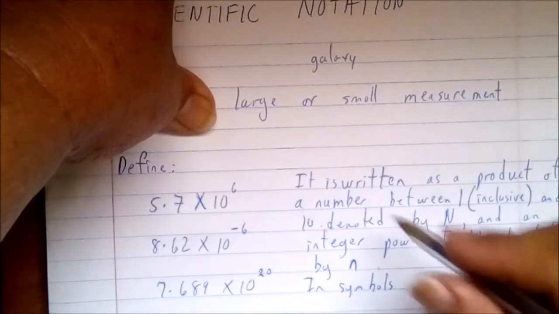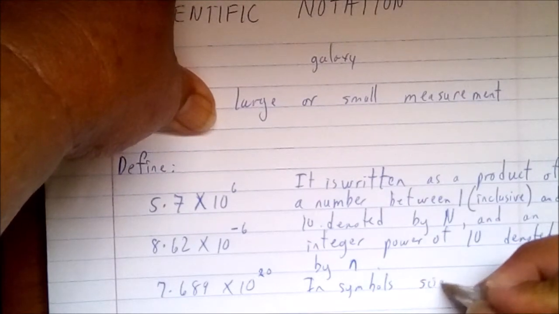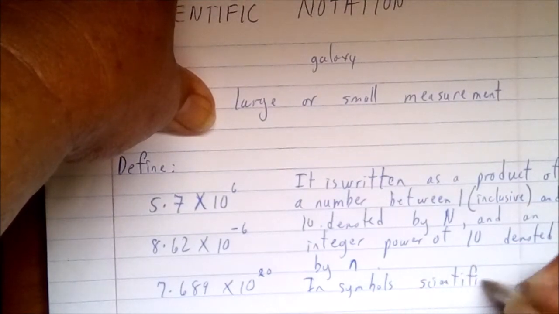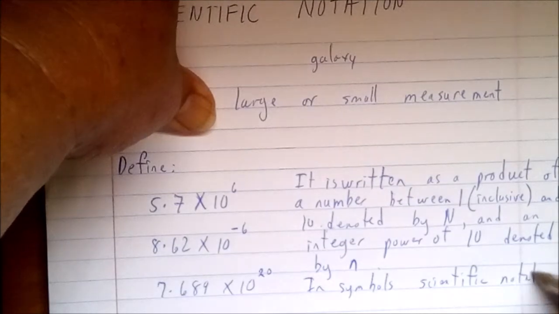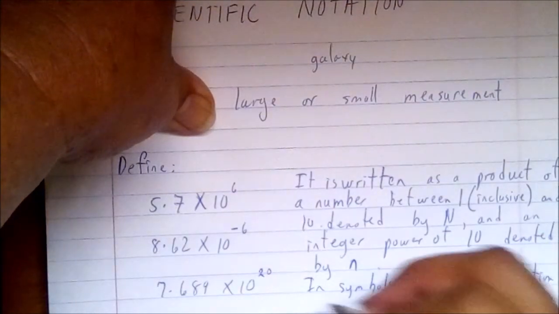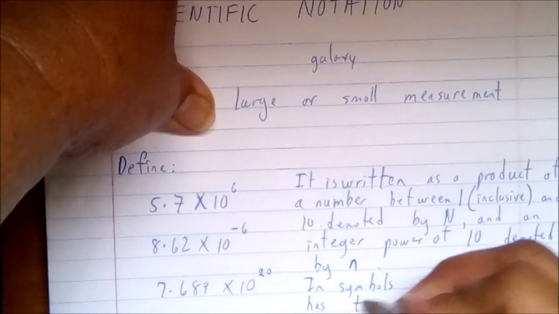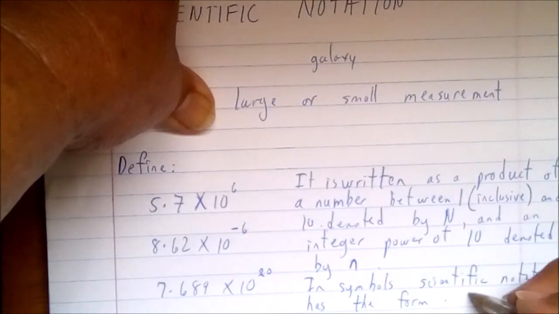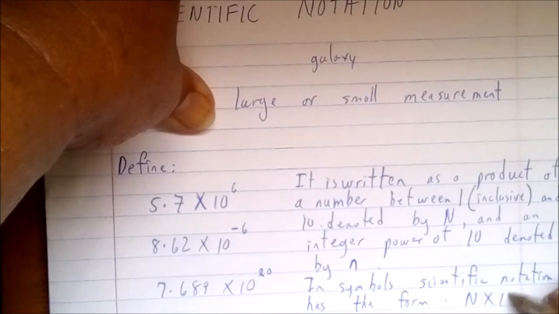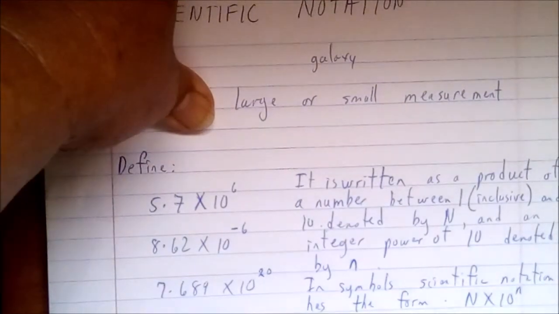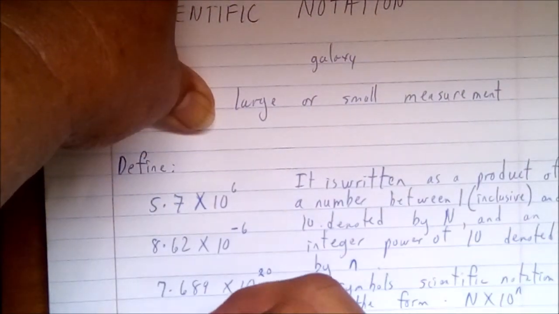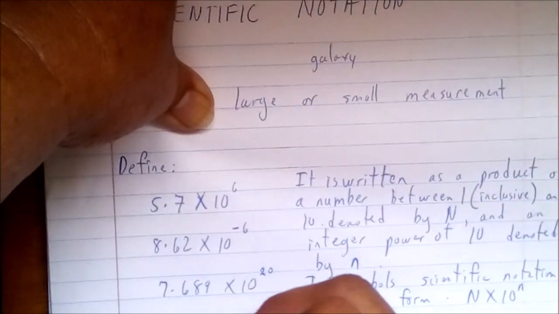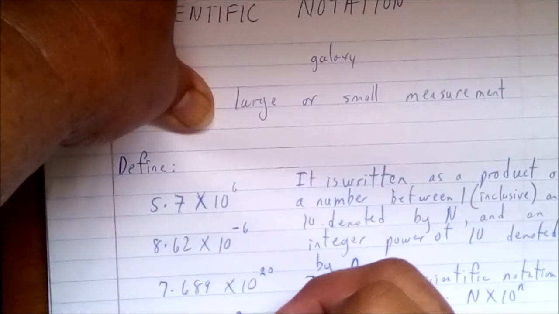In symbols, scientific notation has the form N times 10 to the small n power.